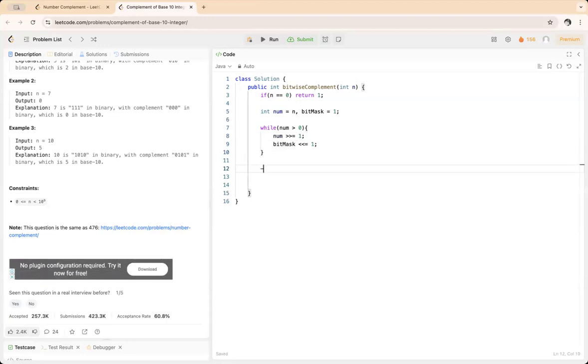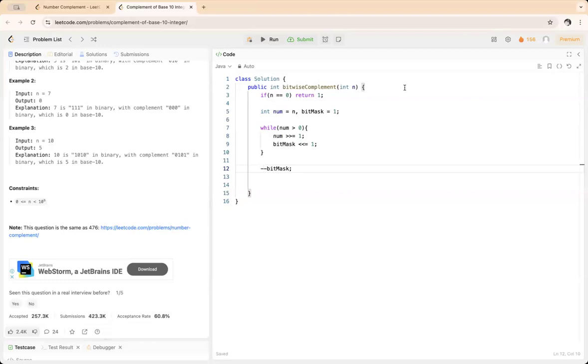But to get the bit mask where all the values are set, we'll be decrementing the bit mask by 1, with the minus minus operator. And at the end, we'll just do an XOR with the bit mask.